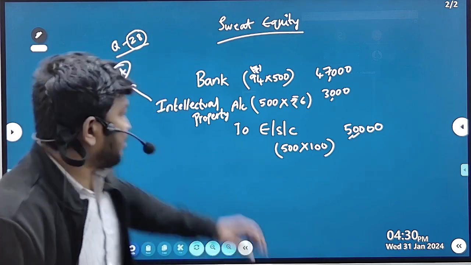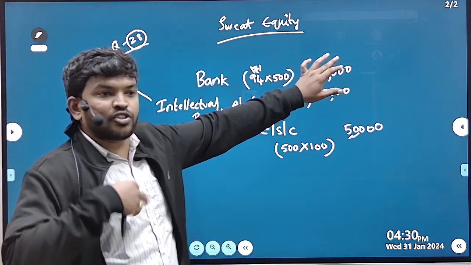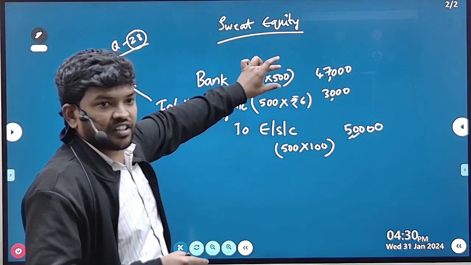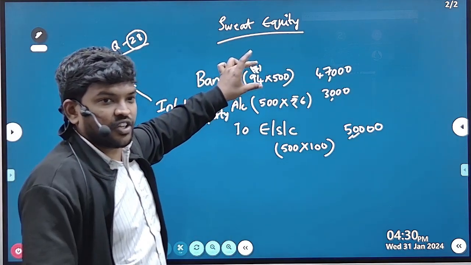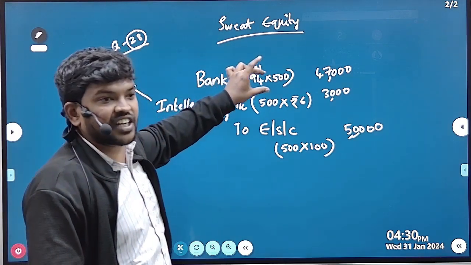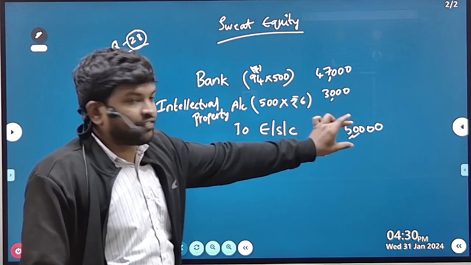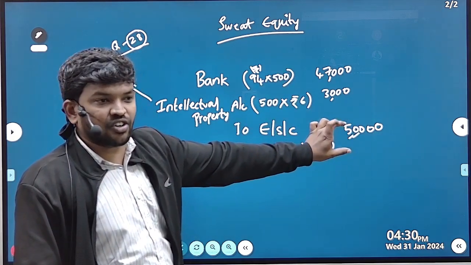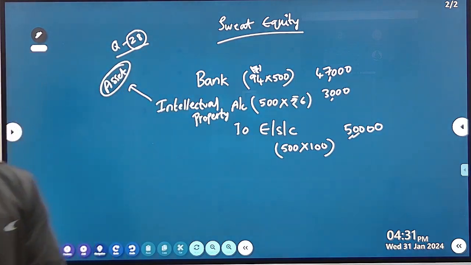Understood? I am getting in cash 47,000. I am issuing 500 shares at 6% discount, so indirectly I am getting 94 rupees in cash from them. 47,000 received, while 50,000 is the value of the shares I have to allot, yes or no? The balance 3,000 goes to the intellectual property account.